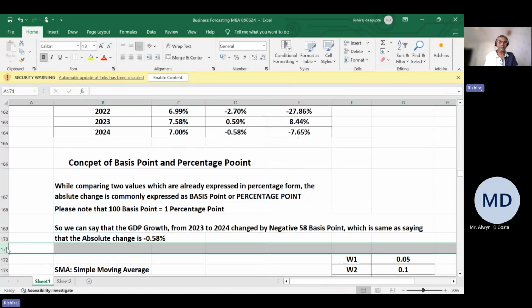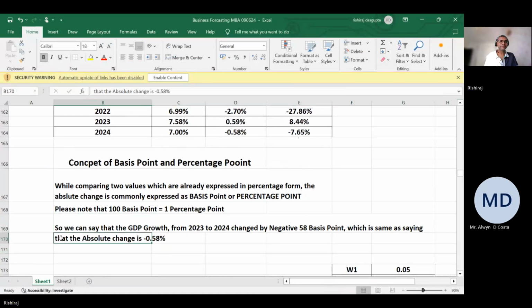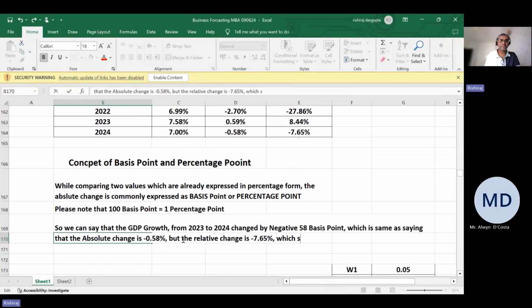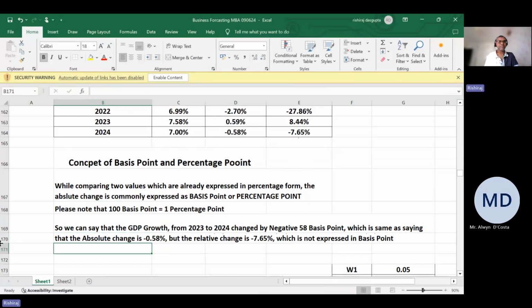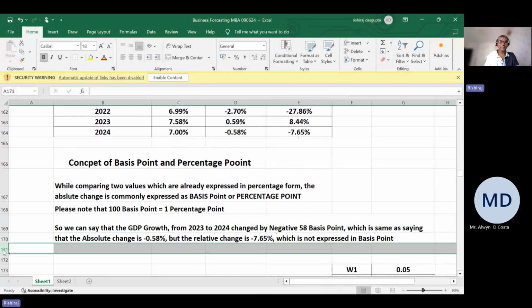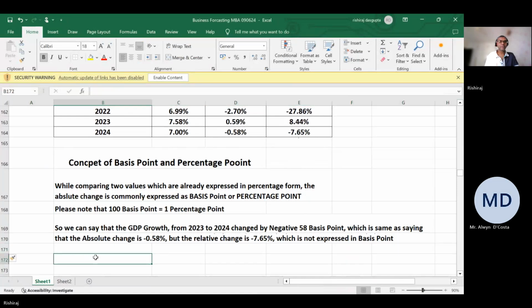One more example. The relative change is minus 7.65%, which is not expressed in basis points. That is not the custom. Relative change, we do not express in basis points.